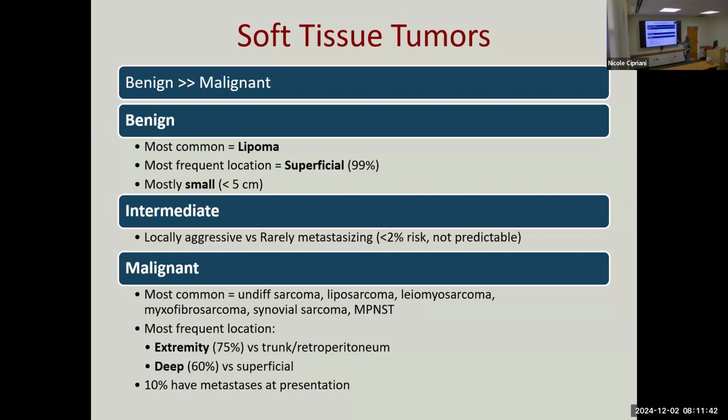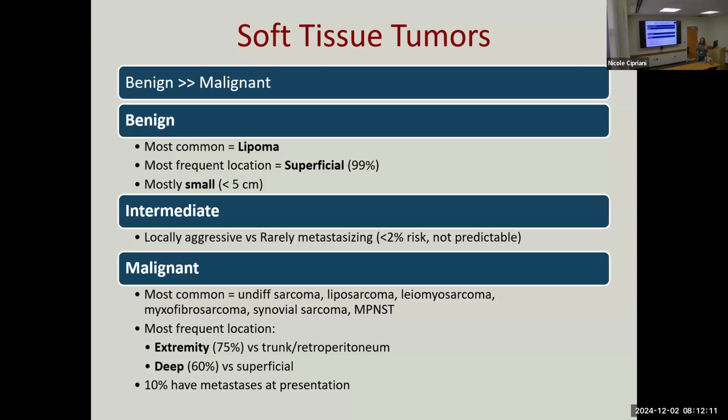And then in the malignant category, we've got all of our sarcomas, right? Our sarcomas are generally deep, most often on the extremities or the deepish trunk. Of course, retroperitoneum with things like dedifferentiated liposarcoma, okay? About 10% are thought to already have metastatic presentation. So in 90% of cases, you're dealing with a core biopsy where you have to make the decision: is this benign or is this malignant?